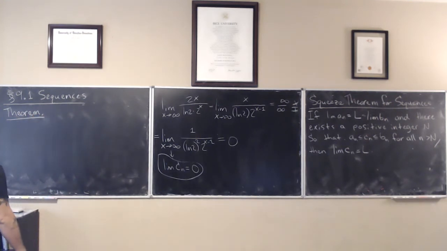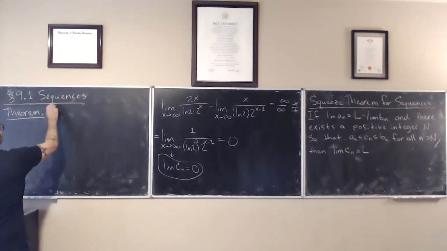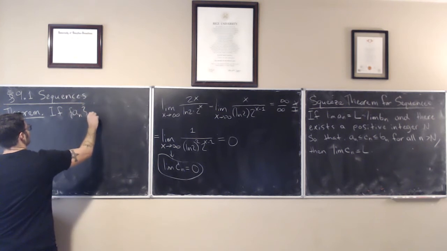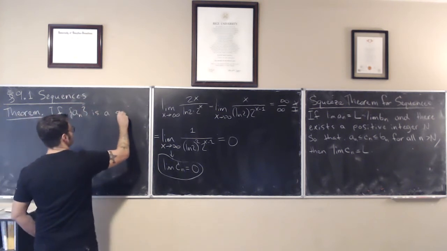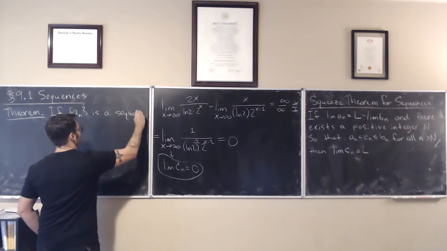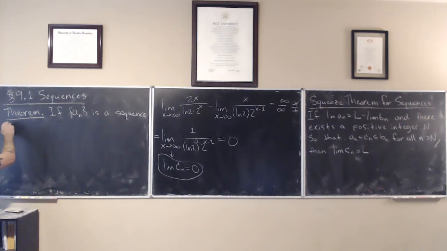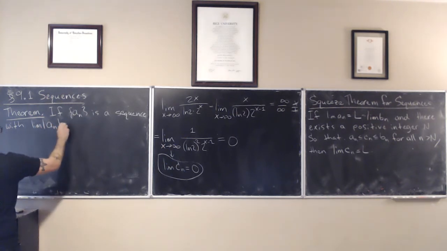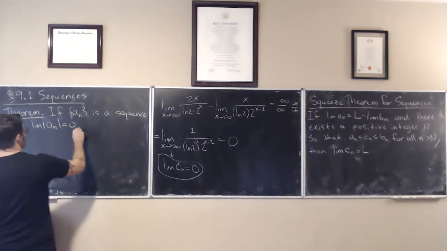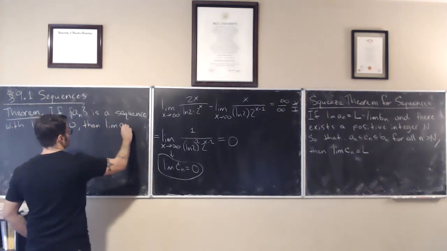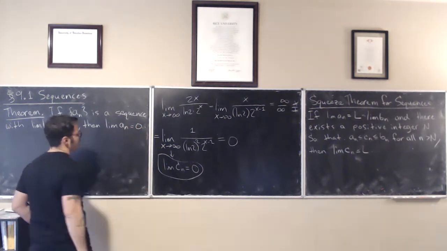Okay, so if an is a sequence with the limit of the absolute value of an equal to 0, then the limit of an is equal to 0.